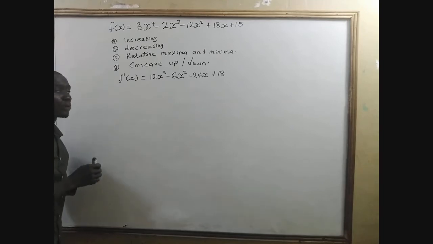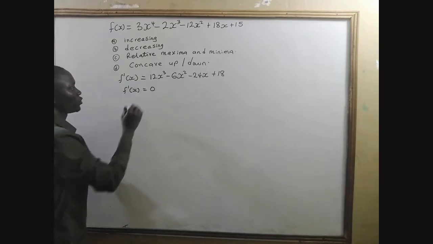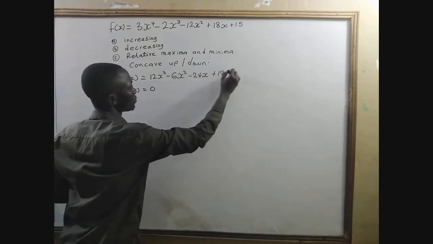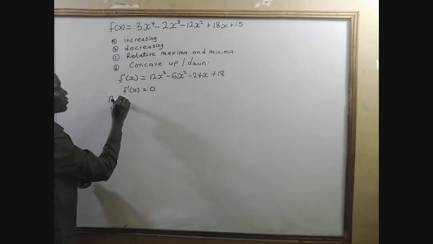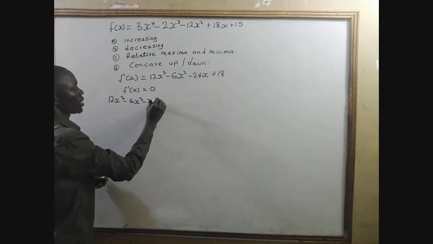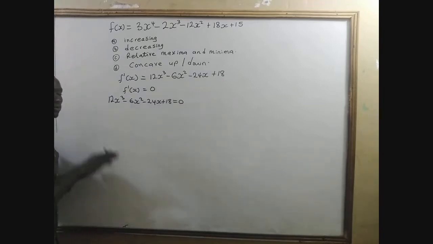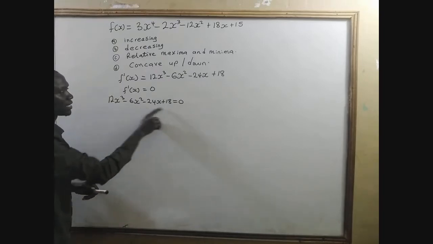Now, at the critical point, f prime of x equals 0. So, if we put this equal to 0, you have 12x cubed minus 6x squared minus 24x plus 18 equal to 0. Now let us reduce this equation, but we can divide through by 6.